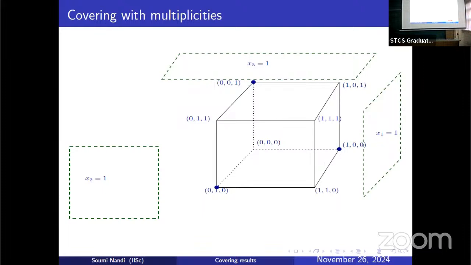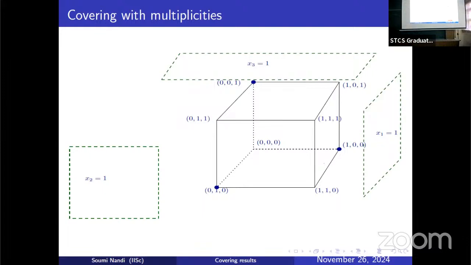Suppose we get back to the original problem by Alon and Füredi. The hypercube is again embedded in R^n, and we keep the all zero point uncovered, and we cover all the other vertices.